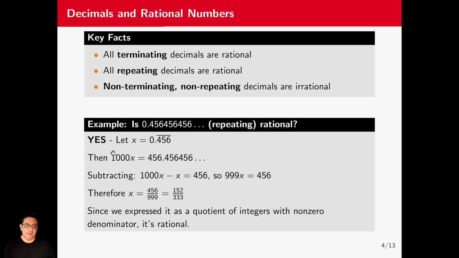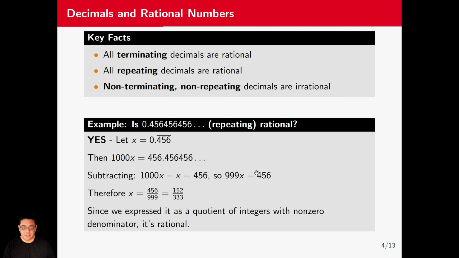But the idea of doing that is so I can make a subtraction. So, for example, if x is this and 1,000 x is this, then I can do a subtraction between 1,000 x and x, and that's just going to give me the 456. So it's going to give me the integer part of this subtraction. And now notice that this difference here is going to be 999.